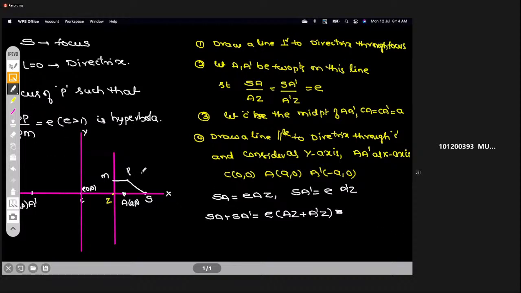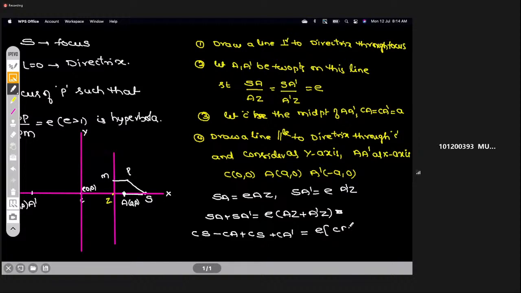SA can be written as CS minus CA, and SA dash as CS plus CA dash, is equal to E into AZ.